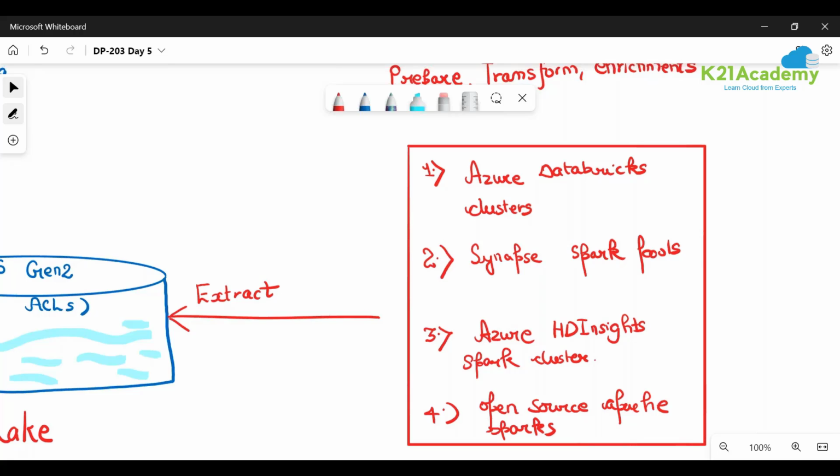Databricks clusters are the king of the jungle. All the advanced features in the Spark world you will find in the DBR, because Databricks is a company founded by the original creators of Apache Spark, Matei Zaharia and others. They founded Databricks, which essentially invented Spark at the AMP Labs at Berkeley.